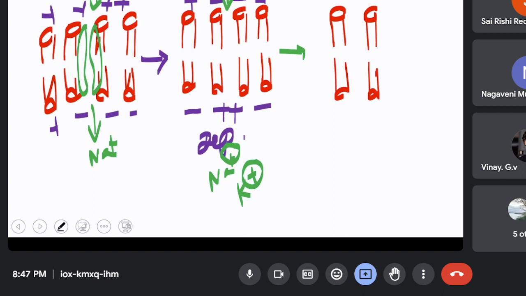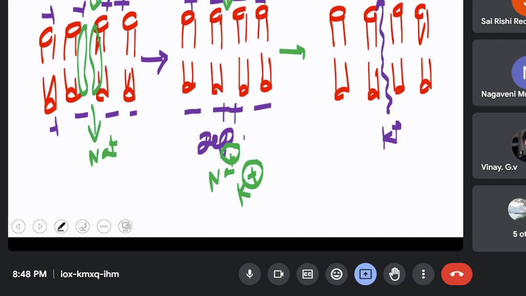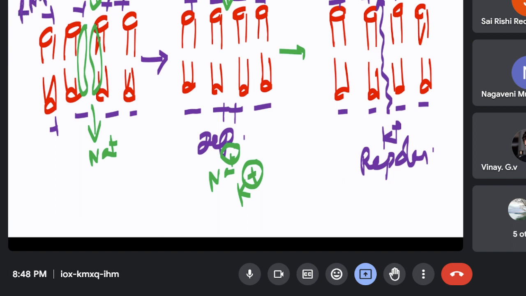At the point of stimulus only, the potassium channels open and the potassium moves to outside, because of which at the point of stimulus again there is what we call positivity outside and negativity inside. This we call repolarization.